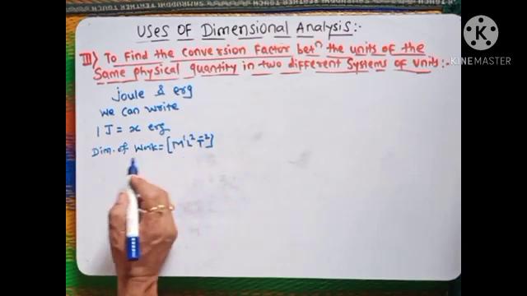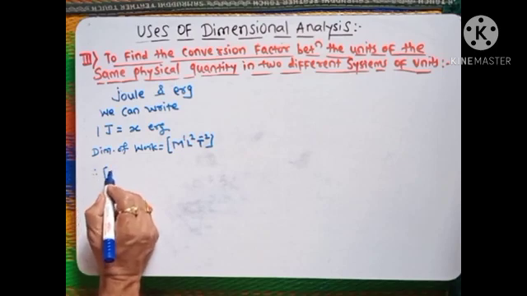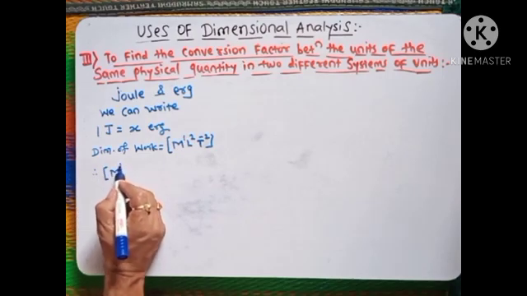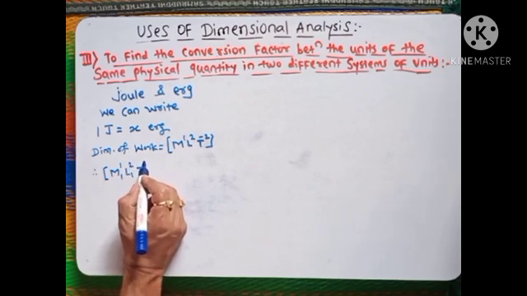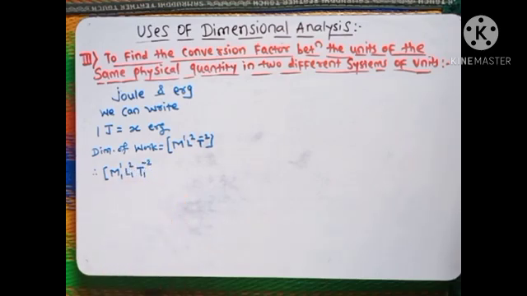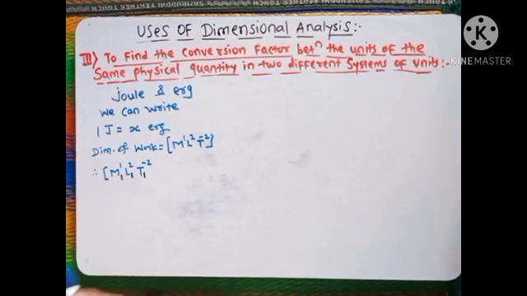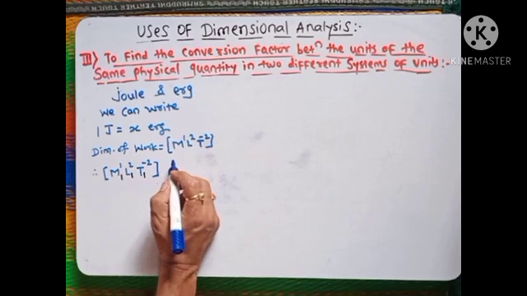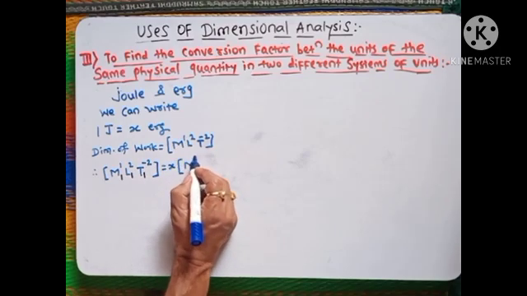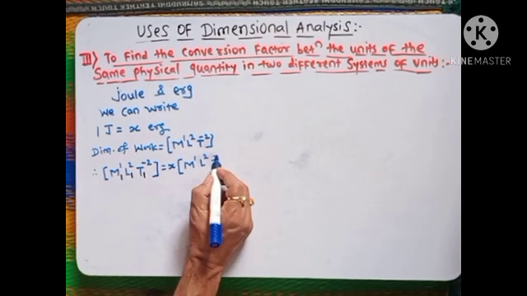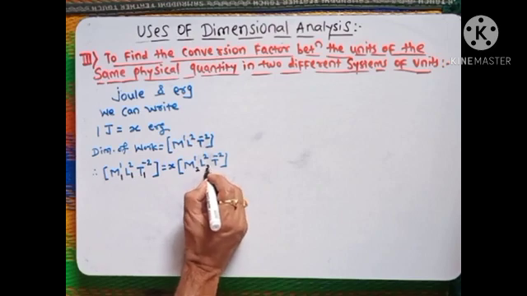Therefore for joule I can write M1^1 L1^2 T1^-2. Here suffix 1 for MKS equals x into M L^2 T^-2, and for CGS unit I will write the suffix as 2.